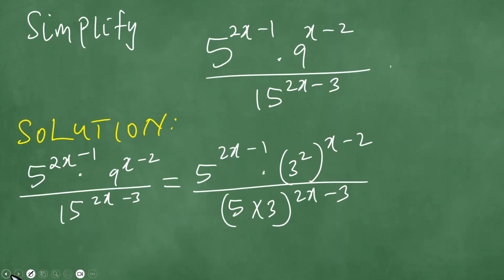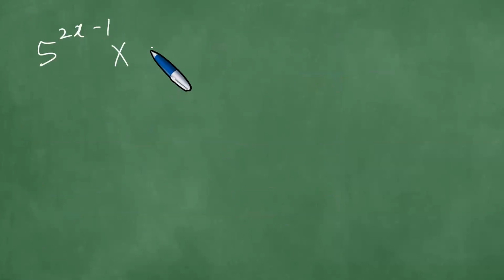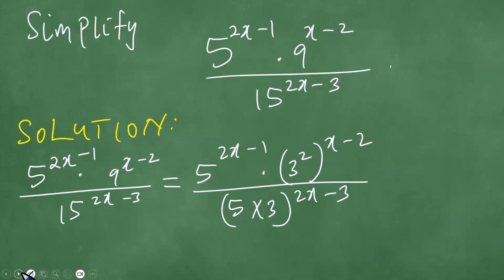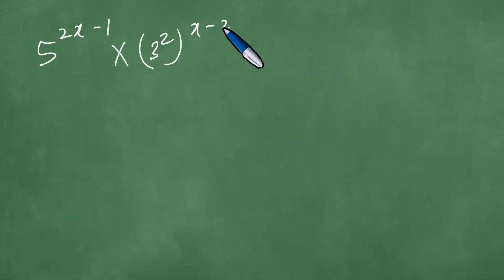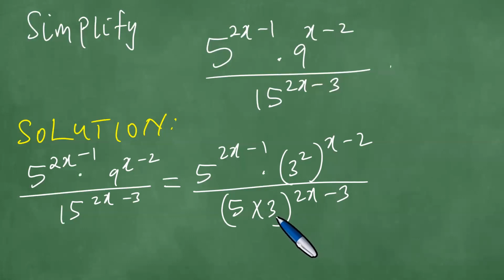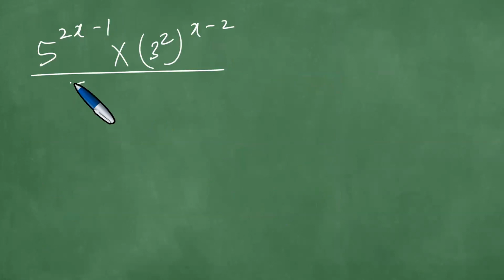Which means it's 5 to the power 2x minus 1, times 3 to the power 2 into x minus 2. Divide everything by the bottom, which is 5 times 3 to the power 2x minus 3.